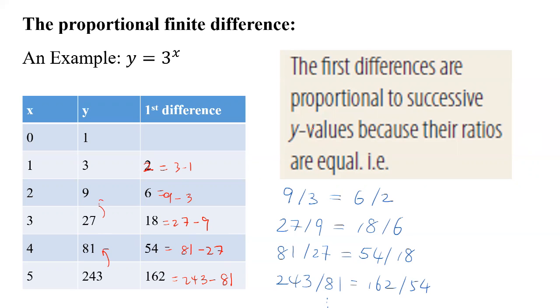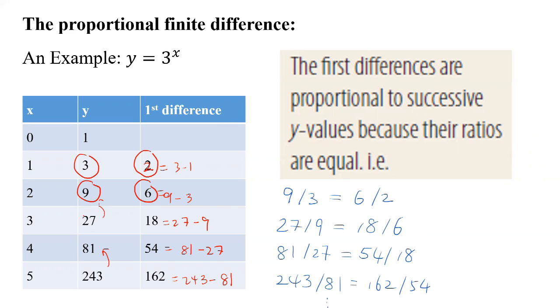The first differences are proportional to successive y values because their ratios are equal. What does this mean? This means if you use this number divided by this number, this value should equal this number divided by this number. This is called the proportional finite difference.